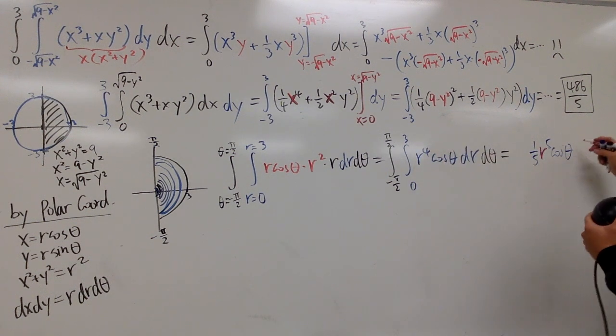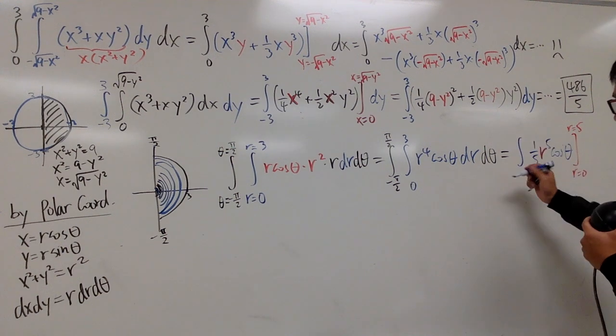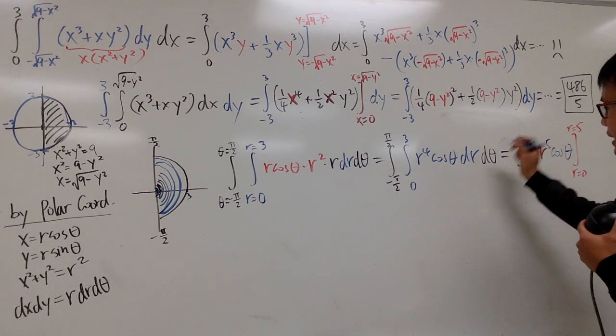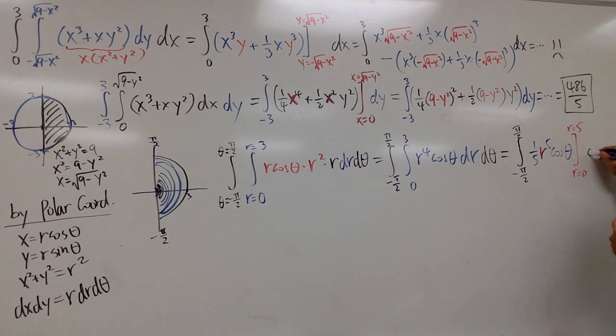These values are in terms of r, so you go from r equal to 0 up to r equal to 3. And then in the end, you do the integral in the theta world, which is negative pi over 2 to pi over 2, and then you have the d theta on the outside.